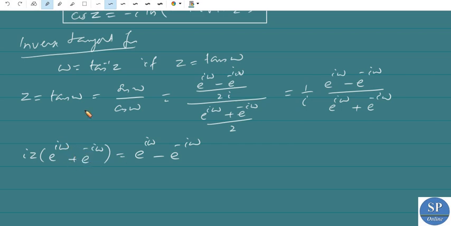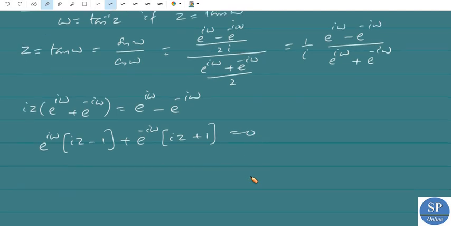Our aim is to find w because w is tan inverse of z. So we are taking the coefficients of e power iw from this. So e power iw into iz minus 1, plus e power minus iw into iz plus 1, equal to 0.